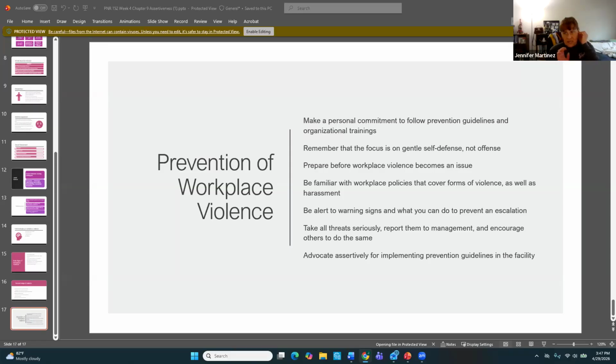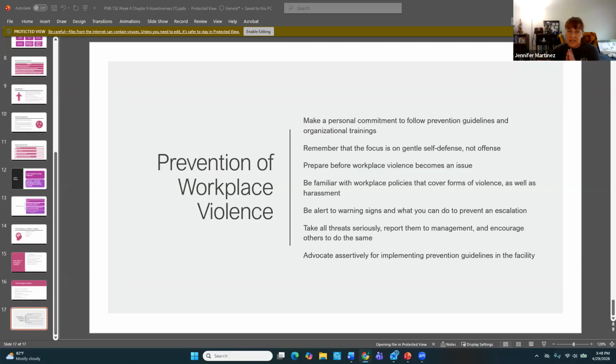But one of the biggest things that I really want to stress here, and we've seen this, you can go back and look at the school shootings and other things that have happened in the past, right? And as they've gone, what have they heard? Oh, this was reported and that was reported, but nothing was ever done about the situation, and now we've had this huge issue arise. Take all threats seriously.